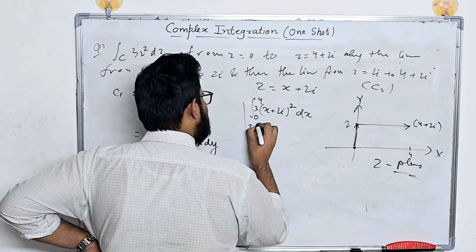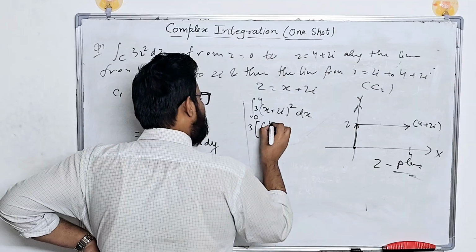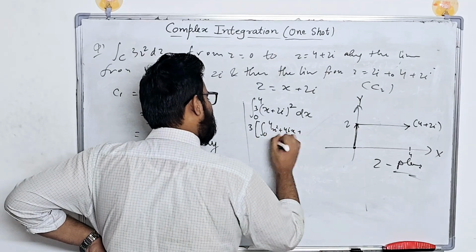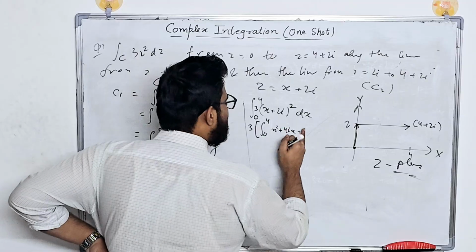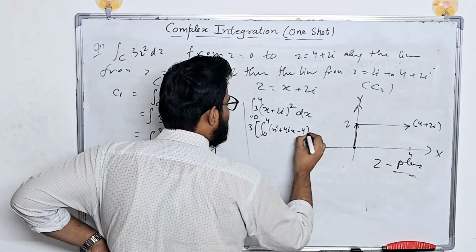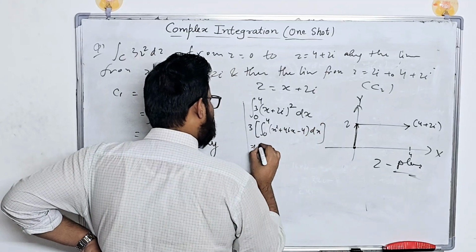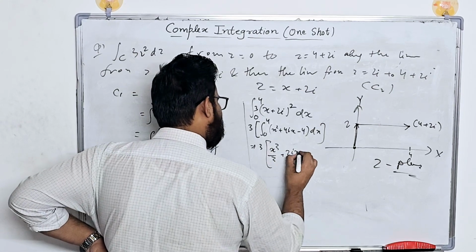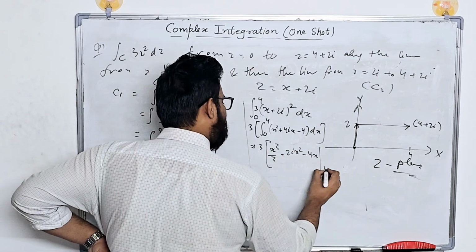Okay, so 3 times the integral of x squared plus 4ix minus 4 dx, right? So it is equal to 3 times the integral, x cubed by 3 plus 2ix squared minus 4x, evaluated from 0 to 4.